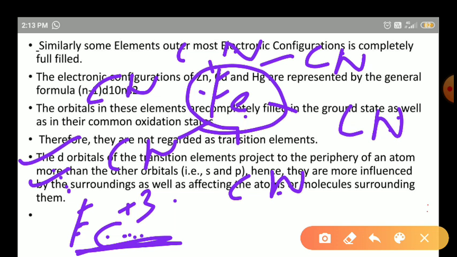But here it is coordinating 6 elements. So iron is in the plus 3 oxidation state, but it is coordinating more than 3 elements. Because of the small size and high nuclear charge, it can coordinate a large number of elements to form large coordination compounds. Now is it clear, students?